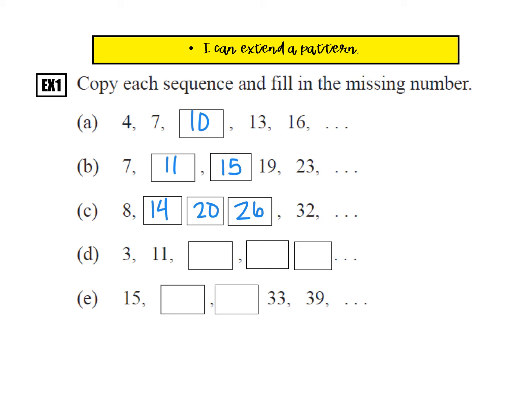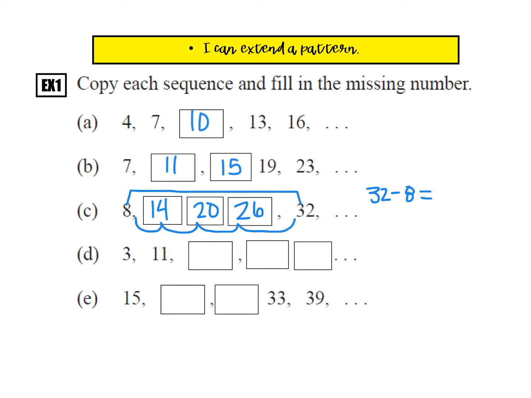All right, so for C, hopefully you're able to see it's 14, 20, and 26. So when I think about this one, to go from 8 to 32, I'm adding something 1, 2, 3, 4 times. So I have to add the same number 4 times to get from 8 to 32. So if I do 32 minus 8, that's going to tell me the difference.